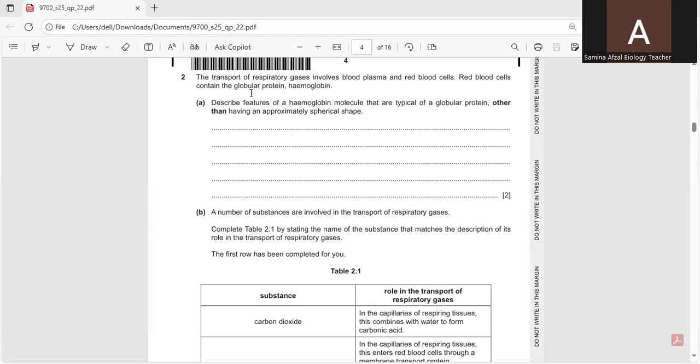First of all, it is soluble in water. Globular proteins are generally soluble in water. The first feature: hemoglobin is soluble in water.